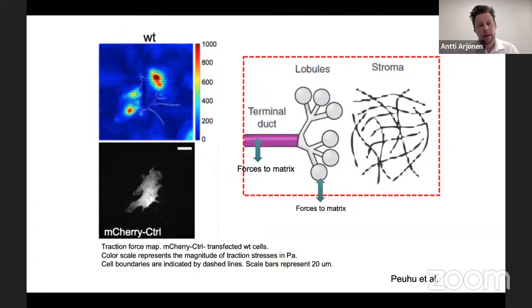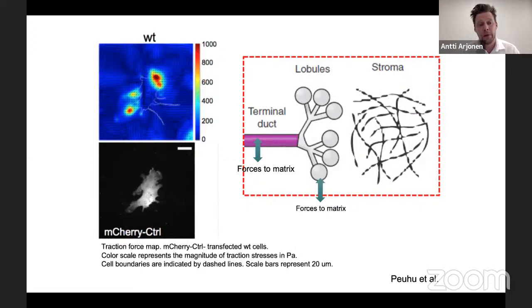If the cell cannot attach to its surroundings, it cannot invade, it does not make metastasis. But here, for the first time, we can take a look at how well the cells interact with their surroundings and how they are invading their surroundings.